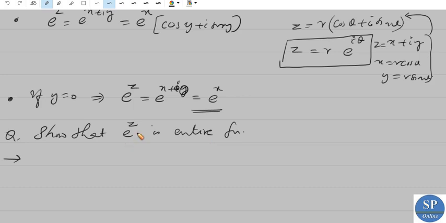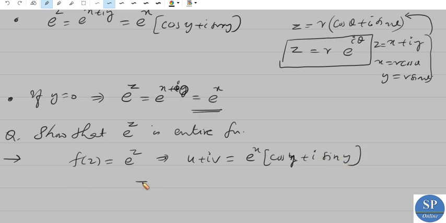We already know how to prove this. For a function to be analytic, we have to verify that u and v satisfy the Cauchy-Riemann equations, and that the partial derivatives of u and v are continuous. So let f(z) = e^z = u + iv = e^x (cos y + i sin y).